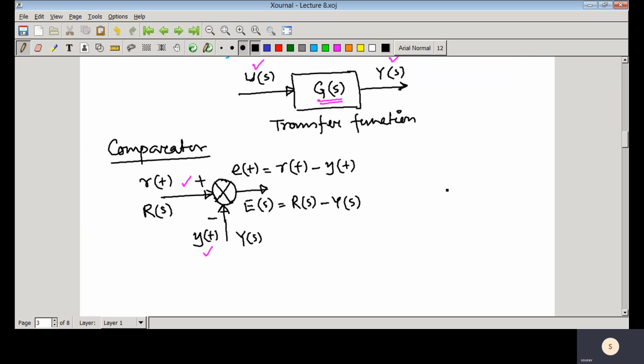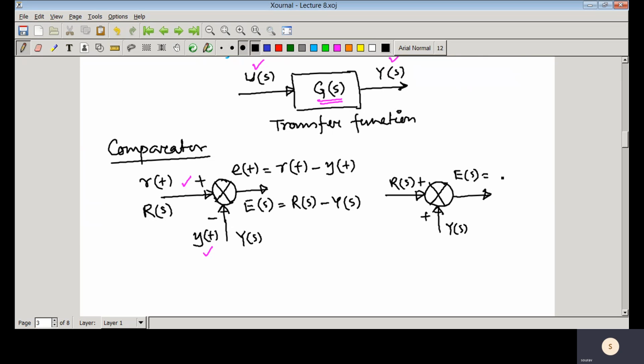Similarly, if both signals are added, so suppose R(s) and here Y(s), I am not taking the time domain expression here, so it is just the same as the first one. So what is E(s)?